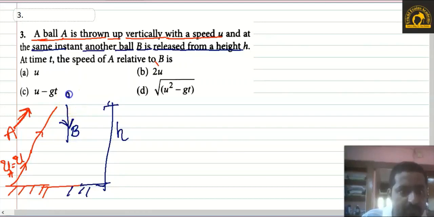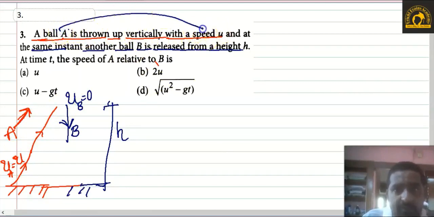The initial velocity of body B is how much? It is at rest. So that is the given data. Ball A is thrown up vertically with speed u, while body B is released from a certain height with initial velocity 0.